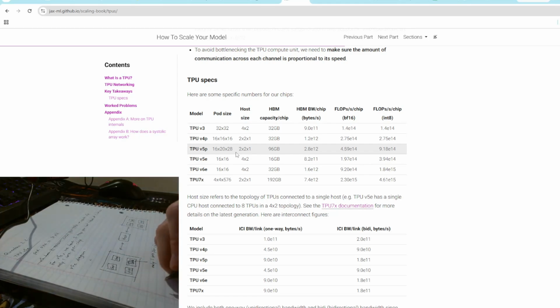Okay, so total chips per CPU is 8. And then total cores per CPU is also 8.